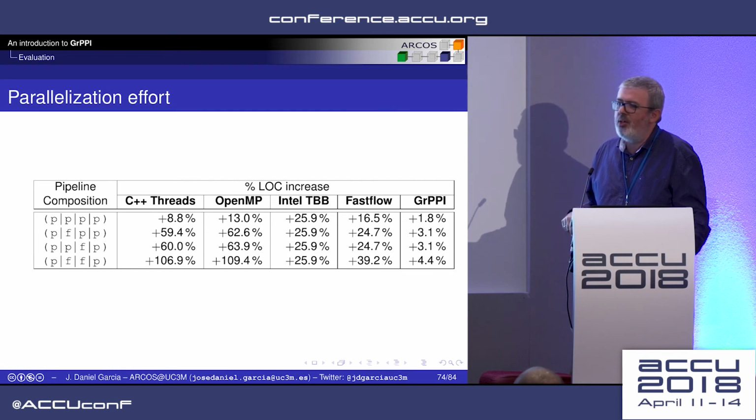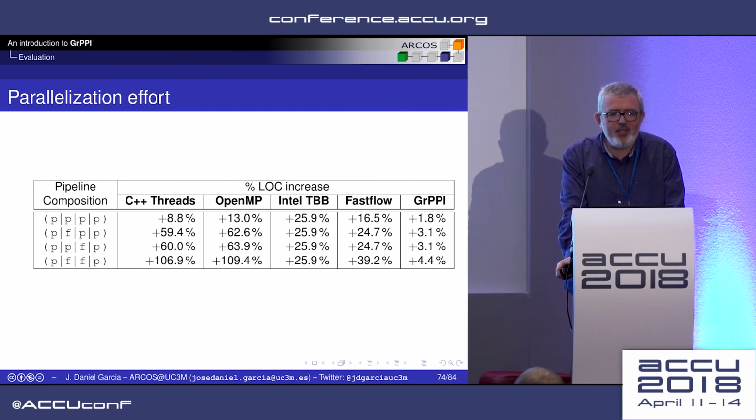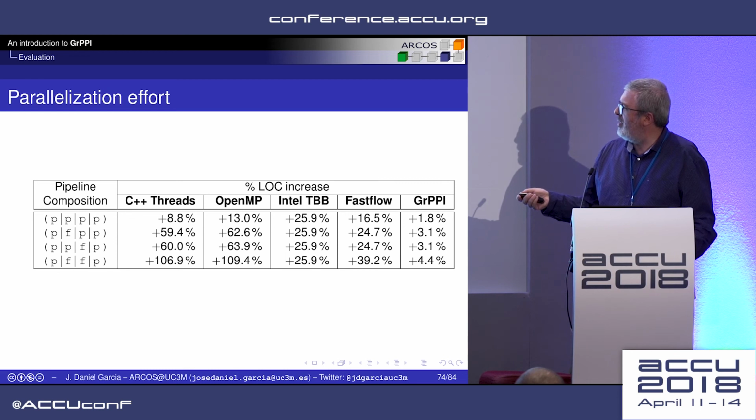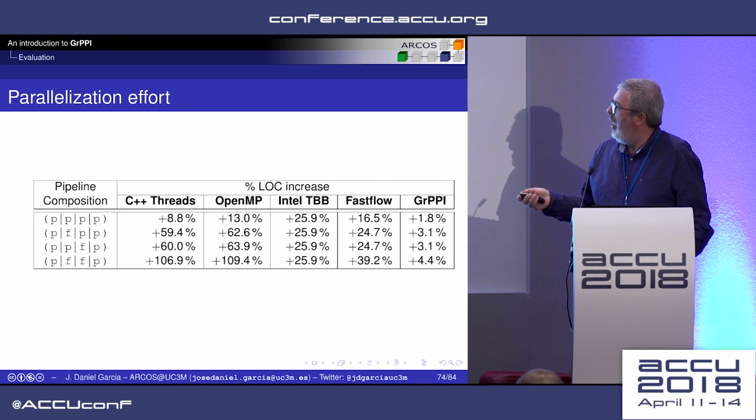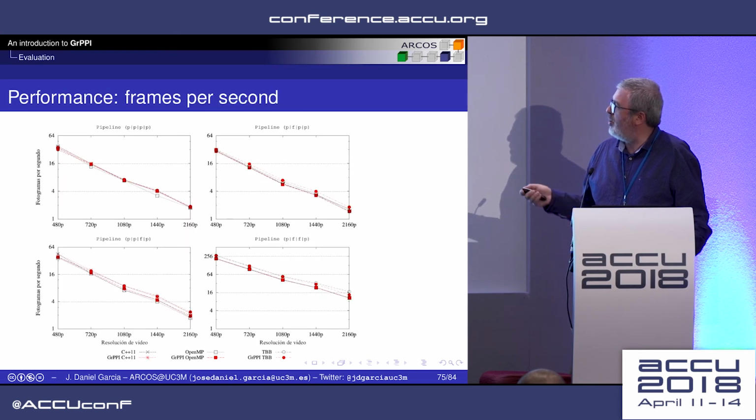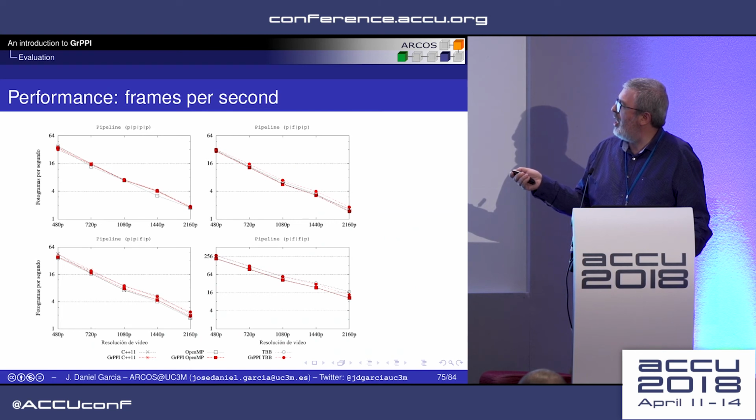So the second question is performance. What we are representing here is different image resolutions, and how many frames per second we are able to process. This is the original pipeline. This is the pipeline with a farm in the first stage, a farm in the second stage, and 2 farms.